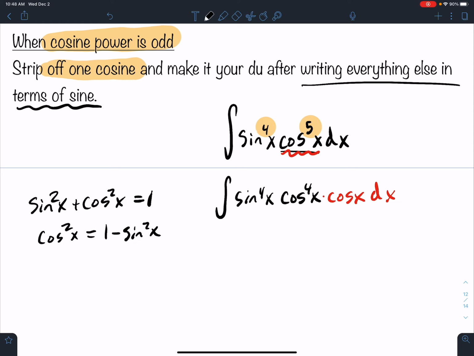And so I want it to be cosine to the fourth, not cosine squared. So how do I do this? I'm going to square the square. And when I square the square, that gets me cosine to the fourth x right there. And then to get this, I need to multiply out that nasty thing, okay?